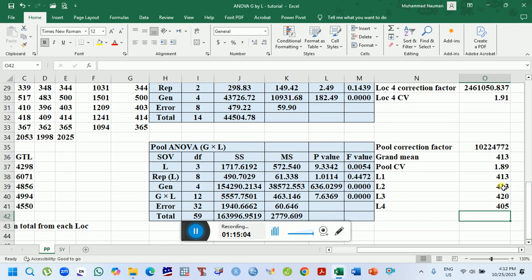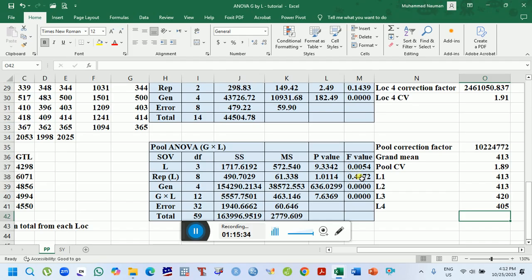Here you can see the 413 and 413 for location 1 and 2 are similar, but the 420 is significantly different from these two values, and similarly in location 4 the 405 is significantly different from the upper three values. So due to these two values, this result becomes significant.